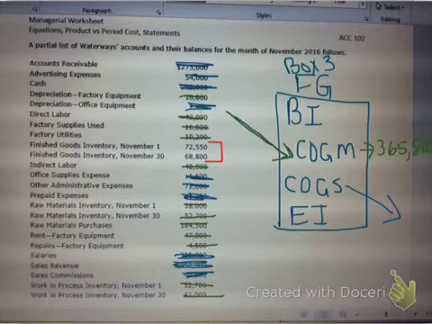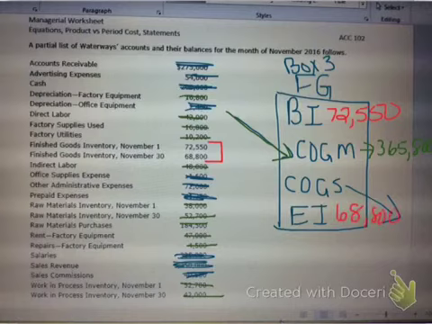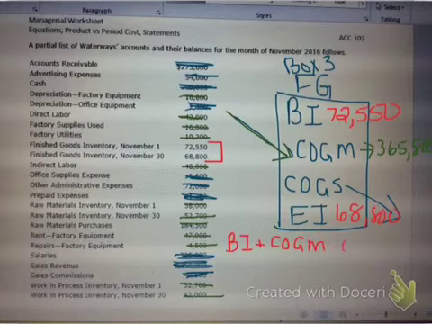And so the beginning inventory would be at $72,550, and the ending inventory would be at $68,800. So looking at the equations here, for finished goods, I would have my beginning inventory plus that cost of goods manufactured minus cost of goods sold equals the ending inventory.